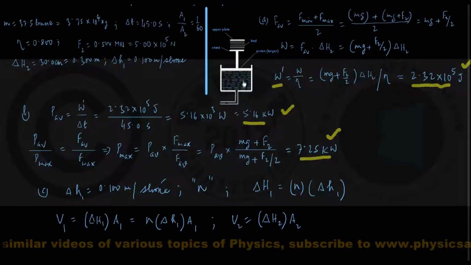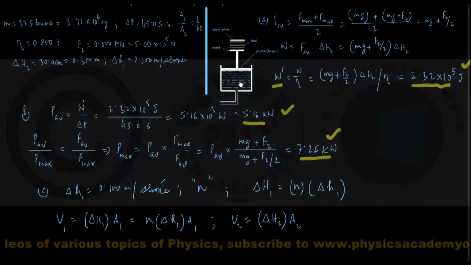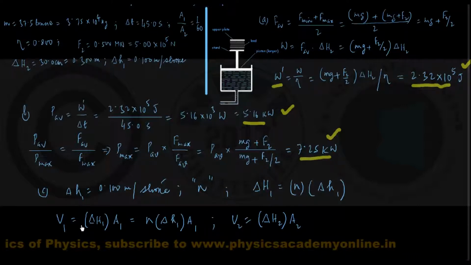Since this hydraulic oil is an incompressible liquid, we may assume that V1 and V2 will be the same. V1 is the liquid that goes downwards under the smaller piston, and V2 is the volume of liquid that is going upwards by the push of the larger piston.